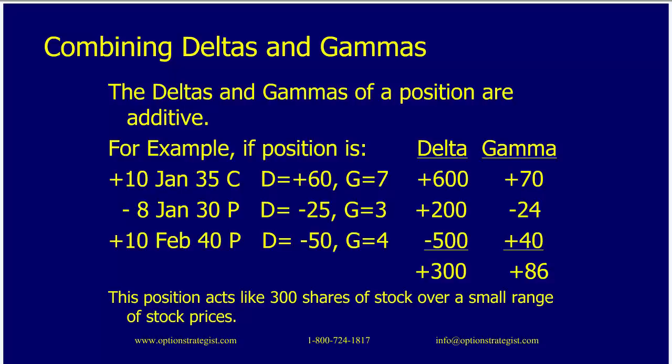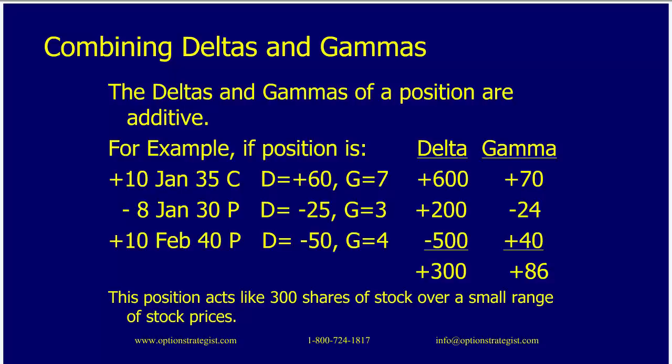I'm also short 8 of the Jan 30 puts. The puts have a delta of -25 and a gamma of 3. So when I multiply -8 by -25, I get the delta of the 8 short Jan 30 puts as +200, and the gamma as -24.